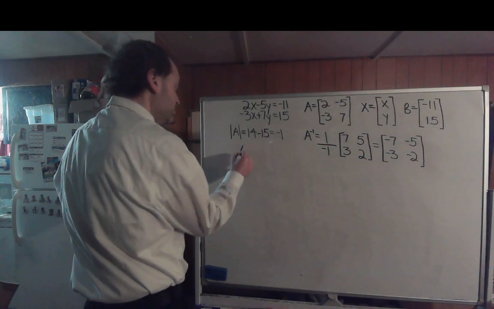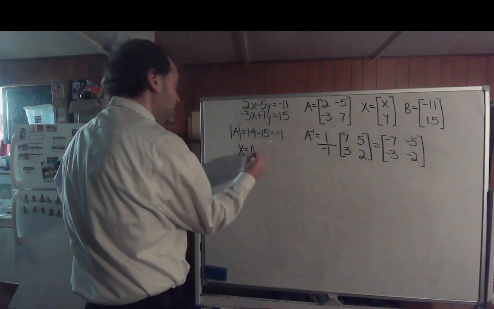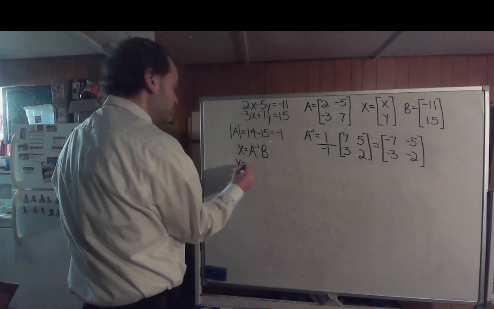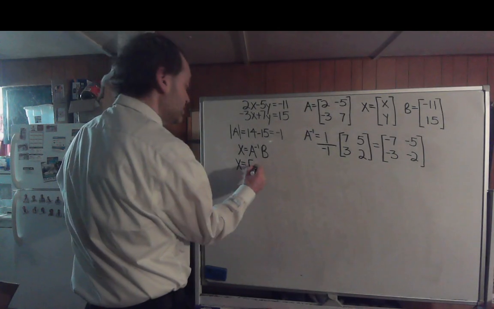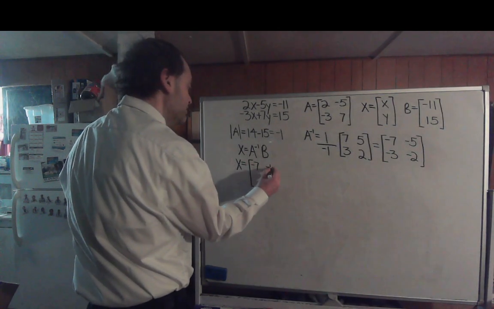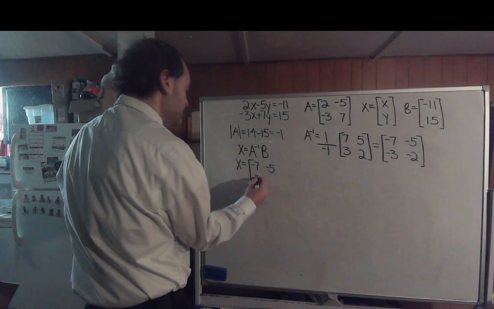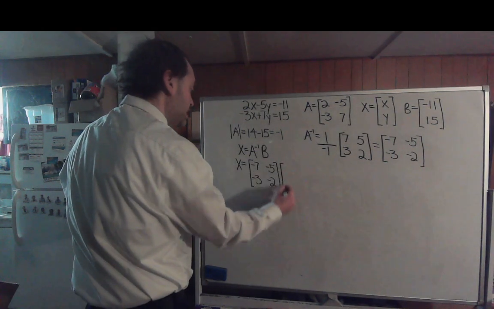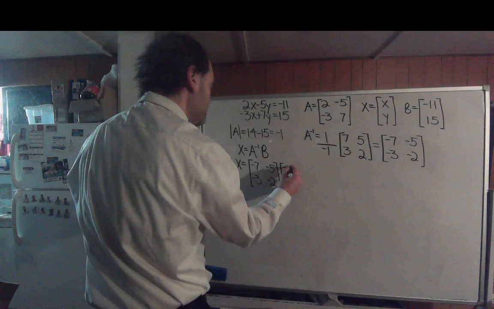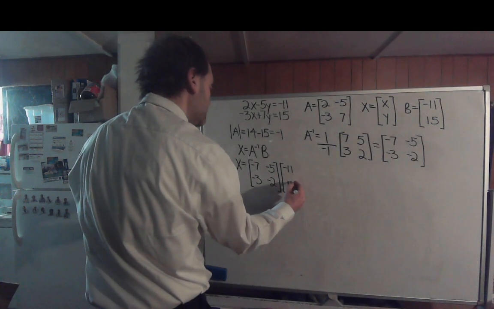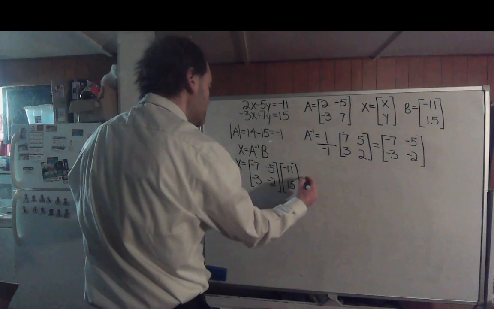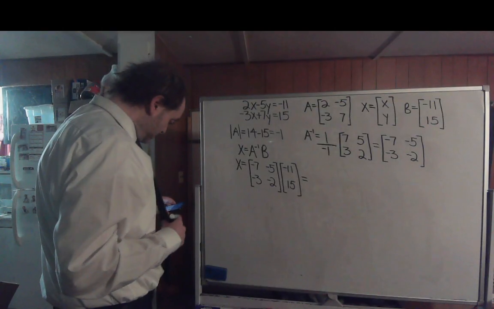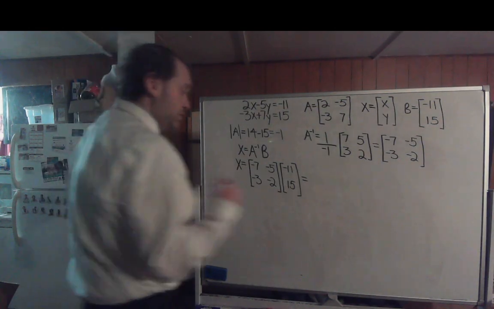So now we know that X is equal to A inverse times B, which means we're going to take that inverse matrix, so negative 7, negative 5, negative 3, negative 2, multiply all that by matrix B, which was negative 11 and 15. So let's go ahead here.